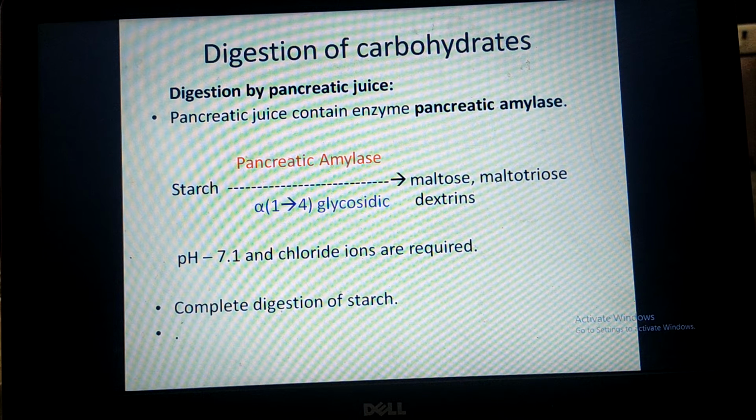Now this pancreatic amylase requires pH 7.1 for its activity. It also requires chloride ions. Pancreatic amylase breaks all starch molecules into products. Therefore, this digestion is called as complete digestion of starch.